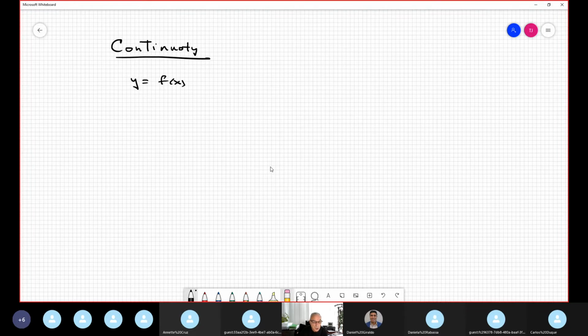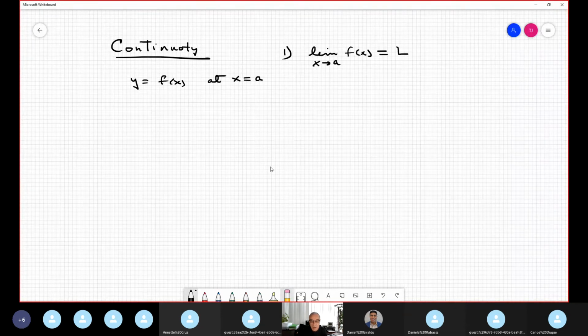You want it to be continuous at a specific point x equal a if 3 conditions hold. Number 1, the limit exists, yes, we can find L. Second, the function evaluated at a exists.